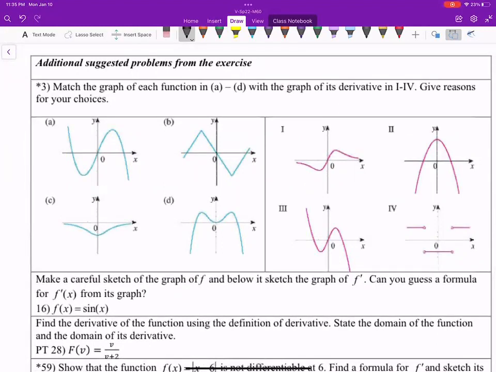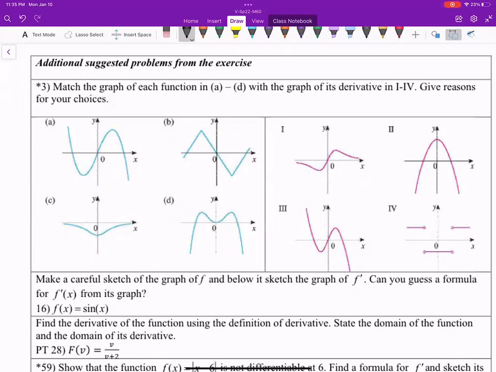Match the graph of each function a to d with the graph of its derivative in 1 through 4. Give reasons for your choices. So we have to choose the correct derivative, and also give a reason why we picked that graph.